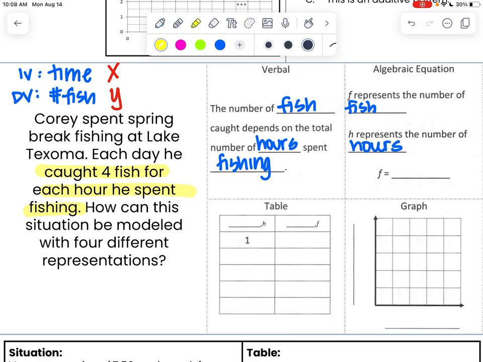As far as our equation right now, I'm going to leave it blank, but we will come back to it. So in our table, we have hours on the left-hand side, and fish on the right-hand side.